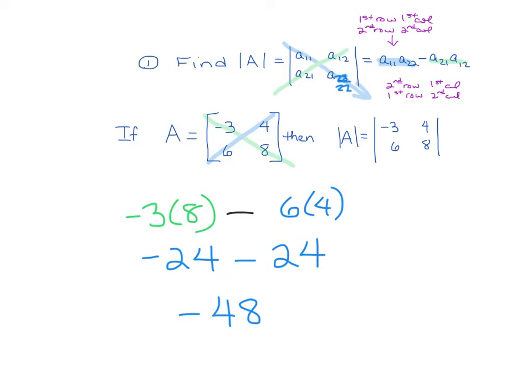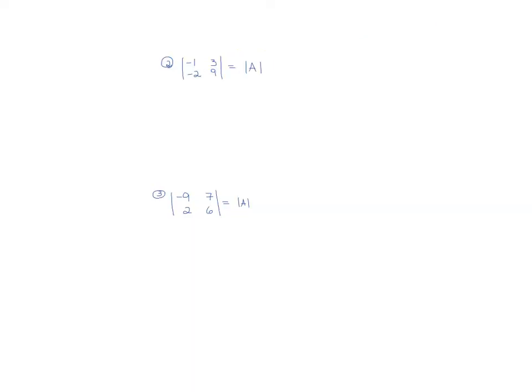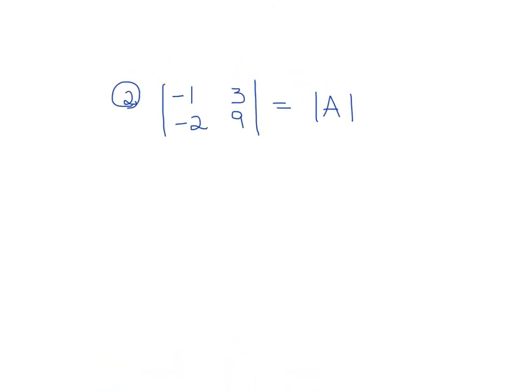Let's try another one. Now, you will have to do this by hand, even though you could key this 2 by 2 matrix into your calculator. However, the calculations for 2 by 2 are really simple. So again, I'm going to multiply row 1, column 1 times row 2, column 2, subtract row 2, column 1 times row 1, column 2.